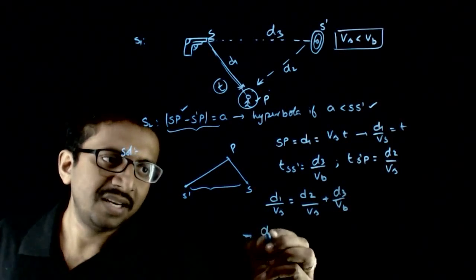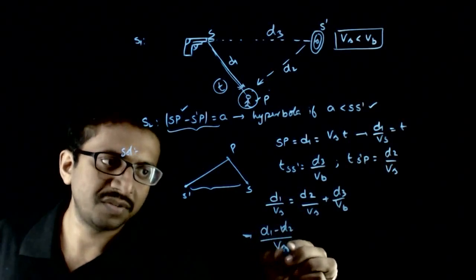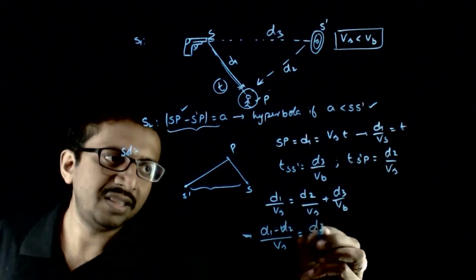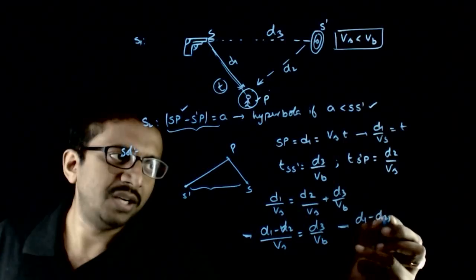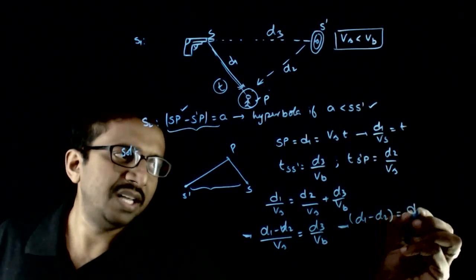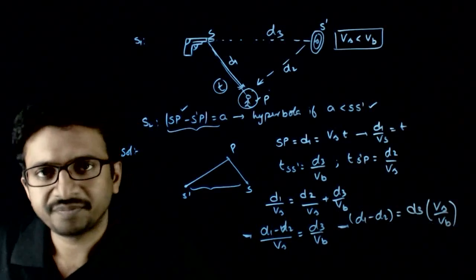This implies D1 minus D2 by velocity of sound is equal to D3 by velocity of bullet. This implies D1 minus D2 is equal to D3 times velocity of sound by velocity of bullet.